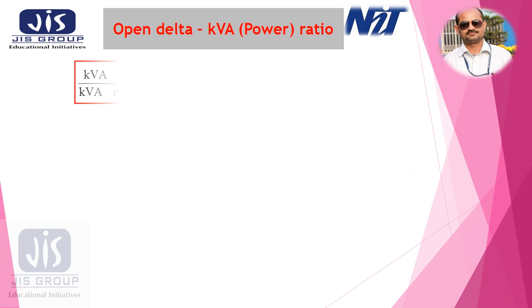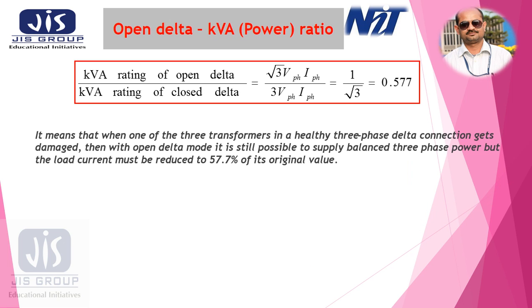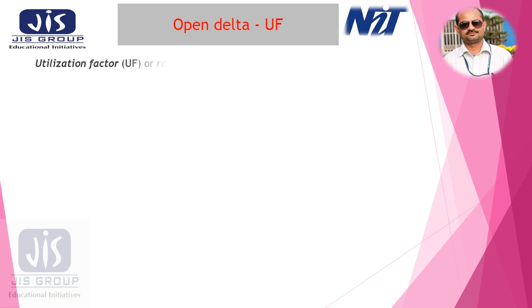Okay. So that means when one transformer in a healthy three phase delta connection gets damaged, then in the open delta mode it is still possible to supply balanced three phase power, but it will be reduced to 57.7% of its original value.